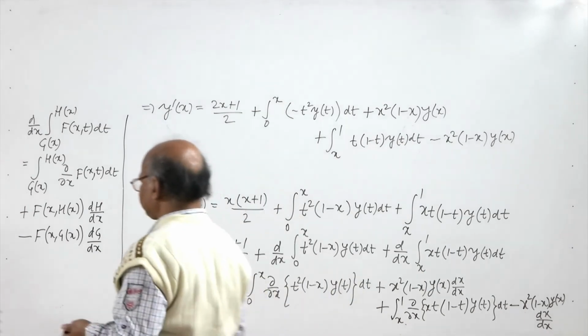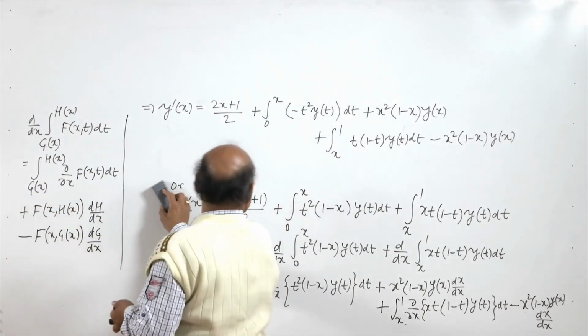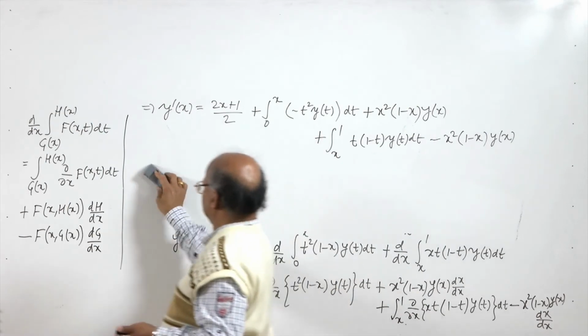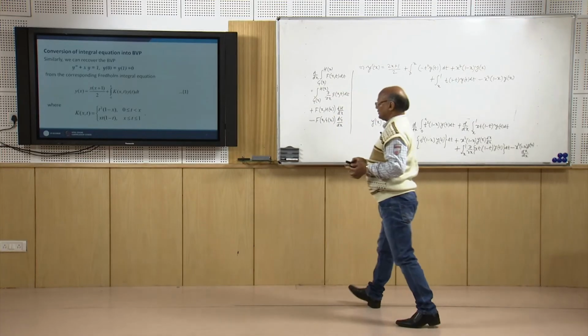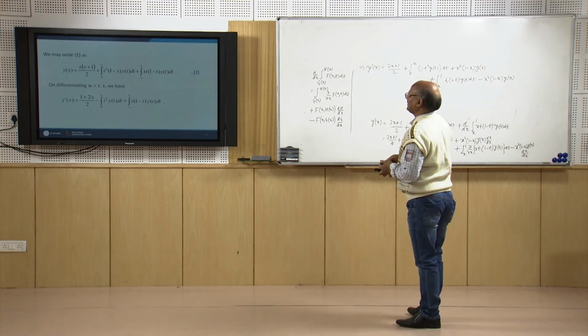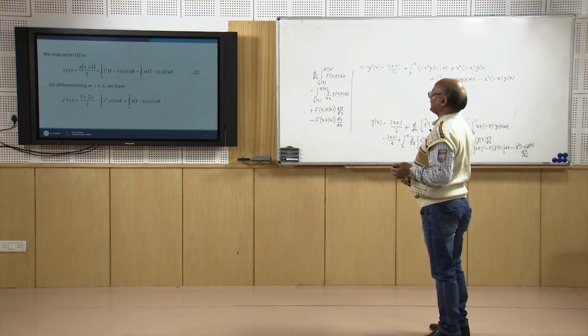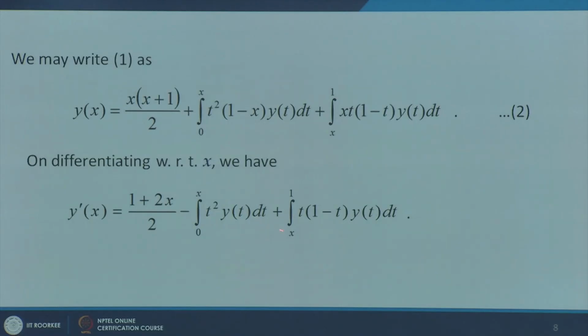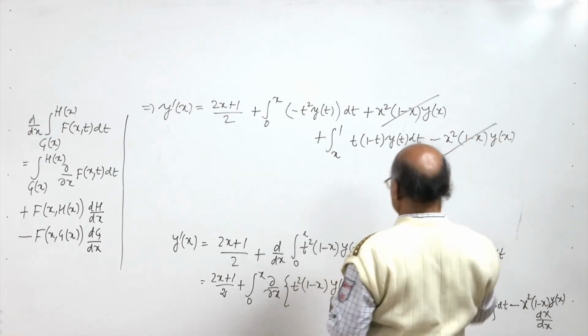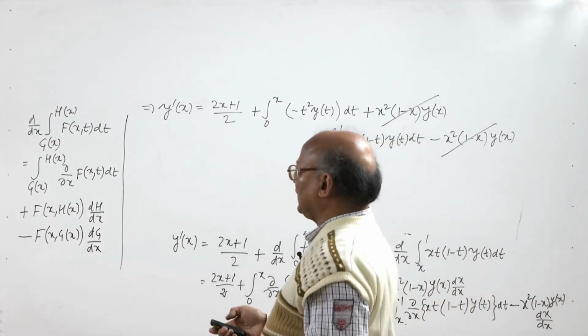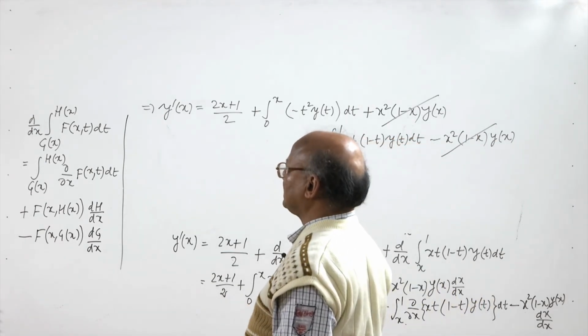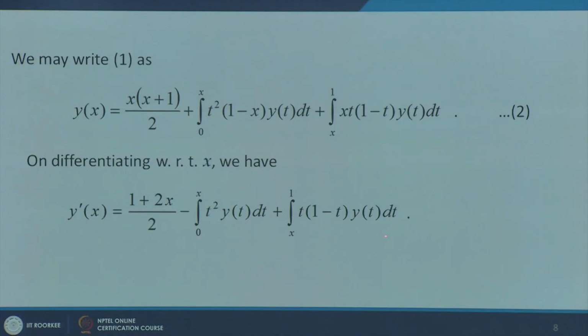So, y dash x, let us see how much we are getting: 1 plus 2x by 2 minus the integral from 0 to x of t square by t dt, and you can see that this term and this term cancel. So, we get plus the integral from x to 1 of t into 1 minus t by t dt. So, we have got the same value here.